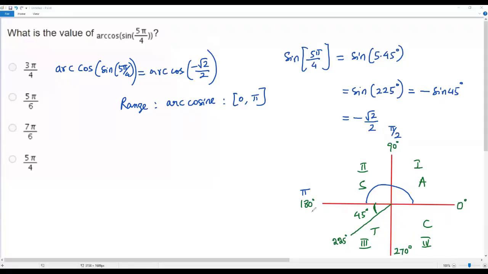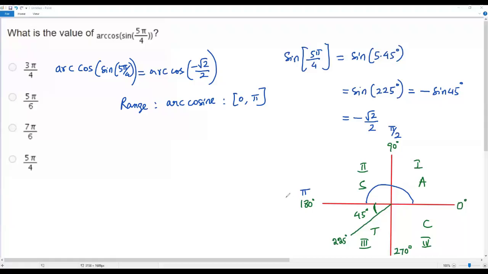We cannot go to the third or fourth quadrant, because the range of arccosine is 0 to pi. Since the value here is negative, I consider the second quadrant.